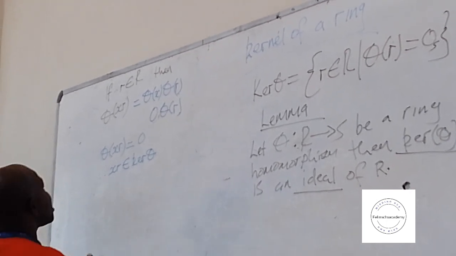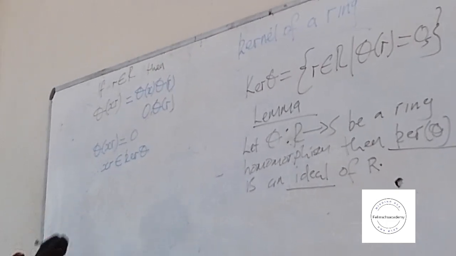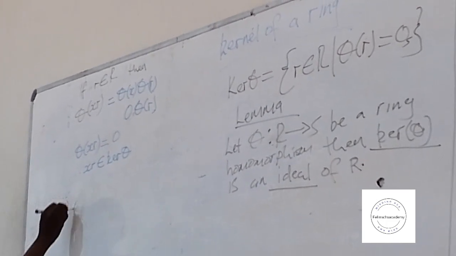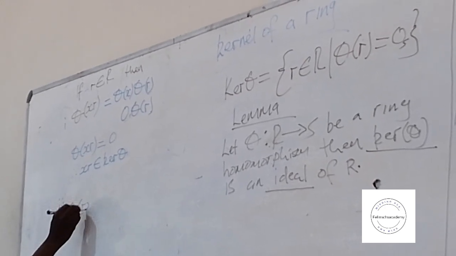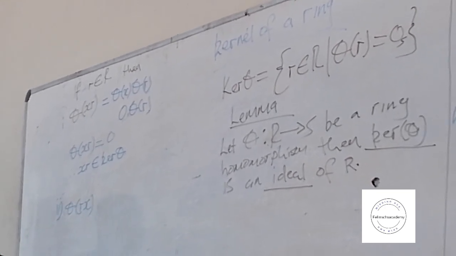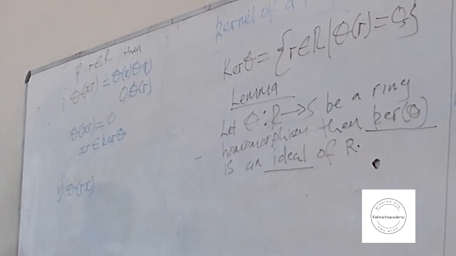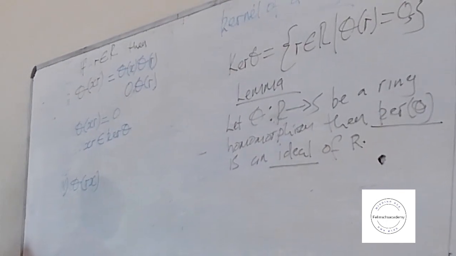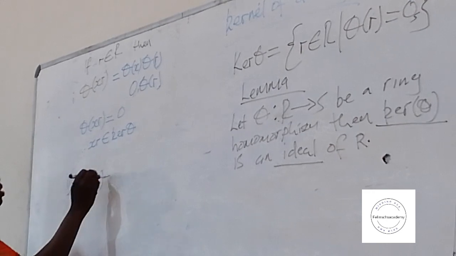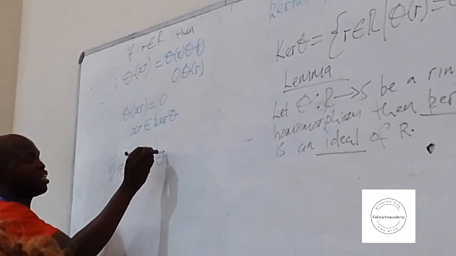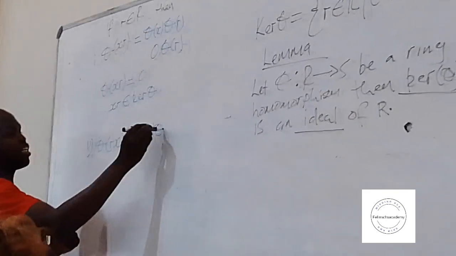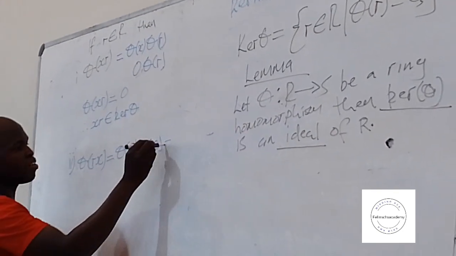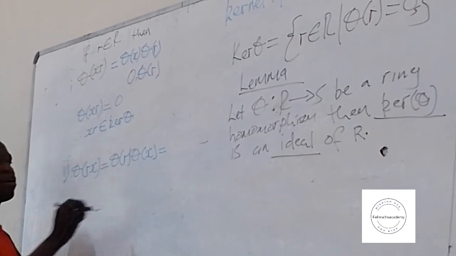Okay, in the same way, theta Rx. What is this? Left ideal. Under homomorphism, it becomes theta R theta X, which is equal to, what is theta R?